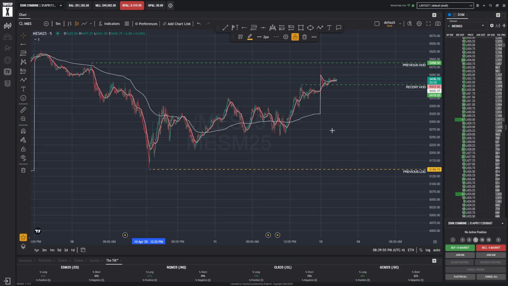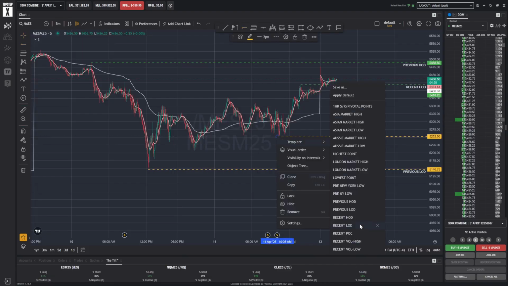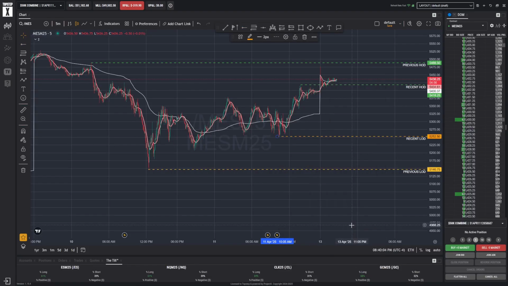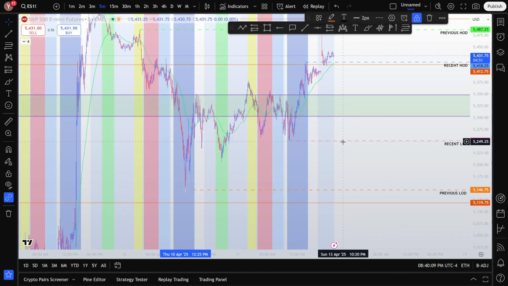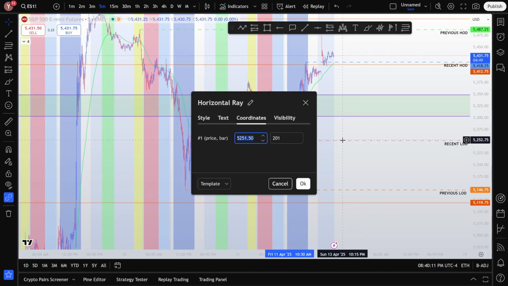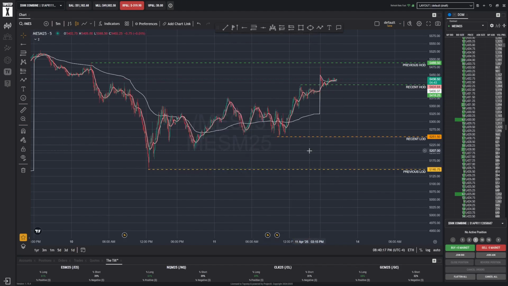Okay, and a recent low of day level, if I'm not mistaken, it should be right around here. This will be our recent low of day. Okay, this is to double check. I could be wrong, but it's okay. Copy that price. Oh, boom, perfect.